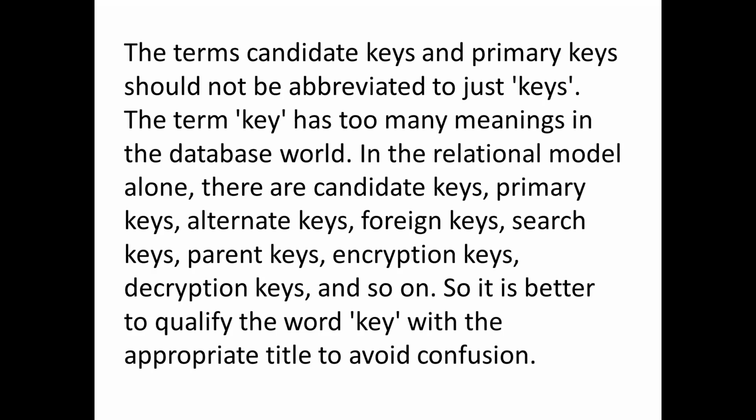If it is primary key, then write primary key, because there are lots of keys in the relational model, like candidate key, primary key, alternate key, foreign key, search key, parent key, encryption key, super key, decryption key, so many things, right? So it is better to qualify the word key with the appropriate title to avoid confusion. Since we have lots and lots of keys in the relational database model, it is always best practice to write the full name of the key. Okay.